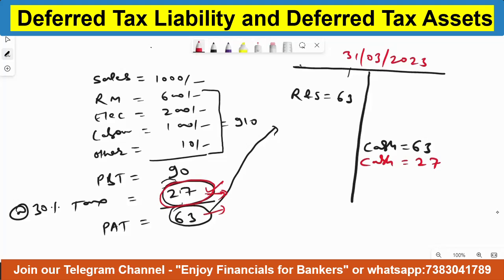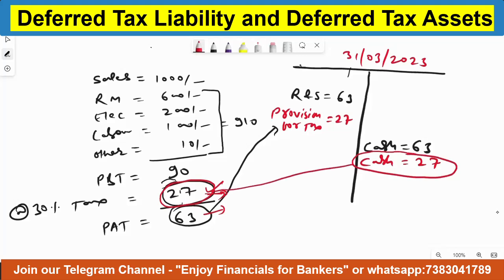And to tally this, the excess cash is of whose money now? It is the income tax money, which they are supposed to pay. So now the provision for tax, on the left side they will show this 27 rupees. At the time of preparation of the next balance sheet, or after 2-3 months, the company will pay these 27 rupees to the income tax department.